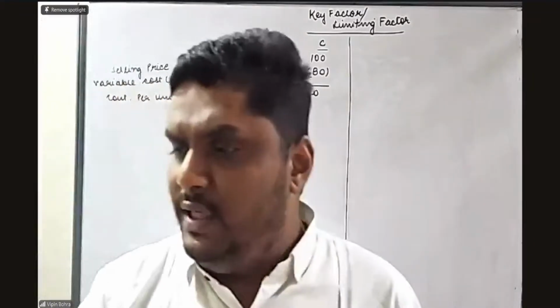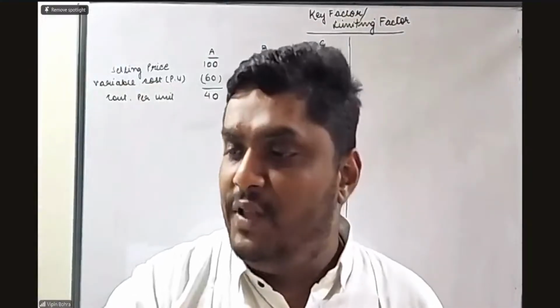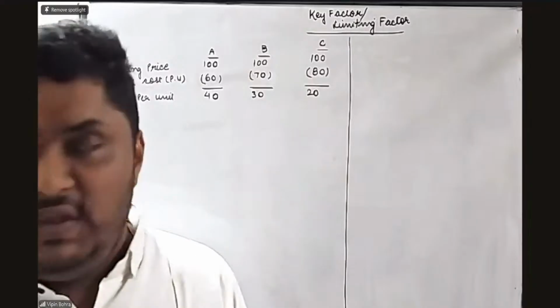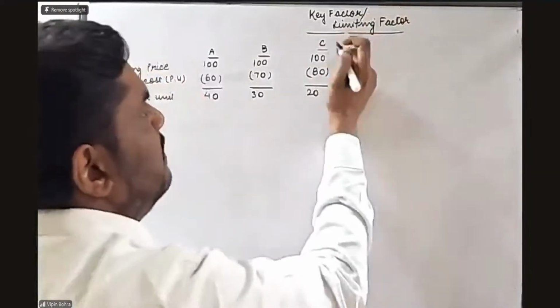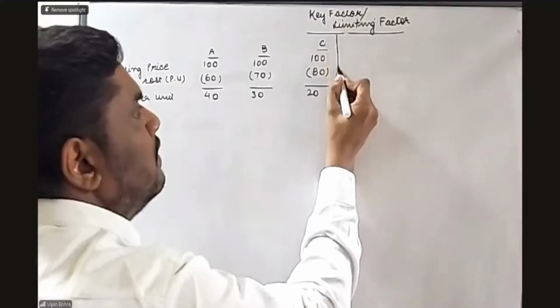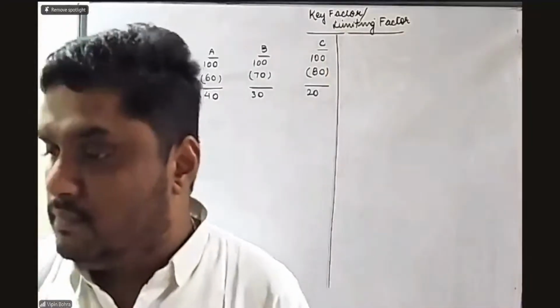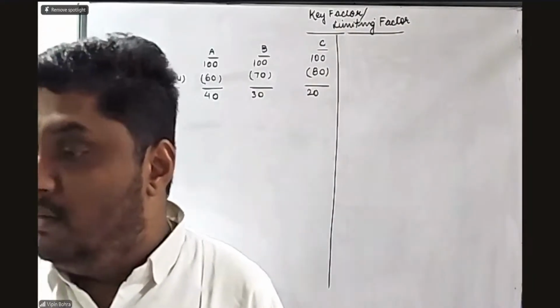So the first question to all of you is, which one is the most profitable product for the company? Can you guys tell me? Which one is the most profitable product for the company? A, B, or C? Very good, everyone.